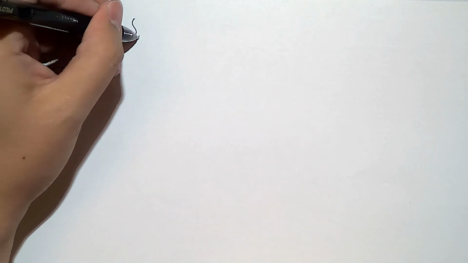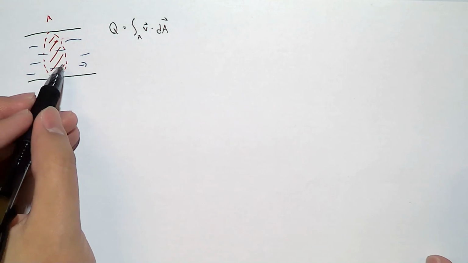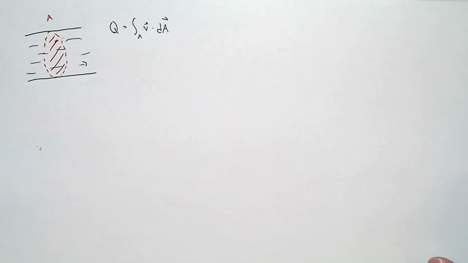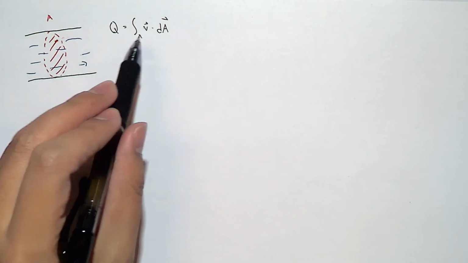If I say calculate the flow rate through this pipe, you could write this equation, Q equals the integral of v dot dA. But what if the velocity at every single point in this area were the same? In other words, what if the properties across my area were uniform? At any point, if I were to pick any random dA, my v is still the same.